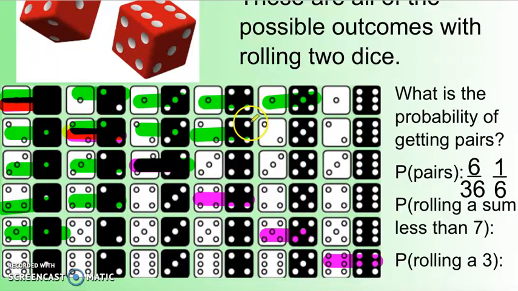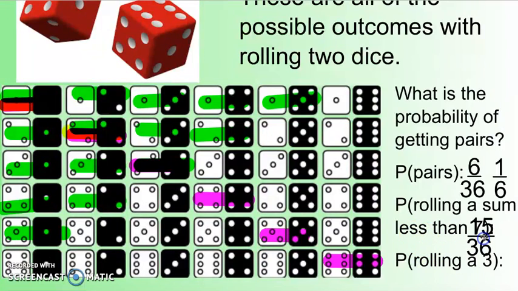So count these up. 1, 2, 3, 4, 5, 6, 7, 8, 9, 10, 11, 12, 13, 14, 15. 15 different possibilities we could get less than a sum of 7. And 15 out of how many total? Always, in this case, 36. Always, that's the key number, 36 different possibilities.